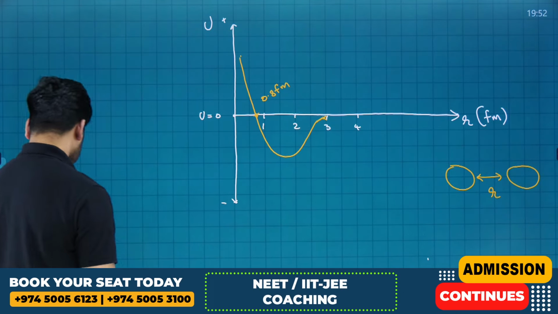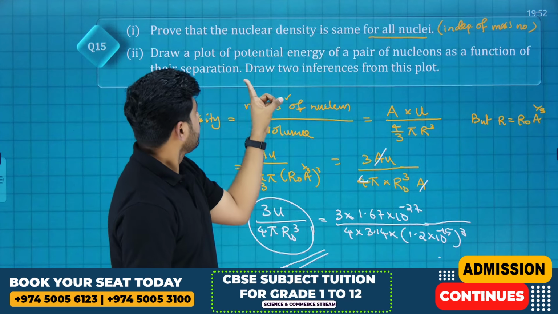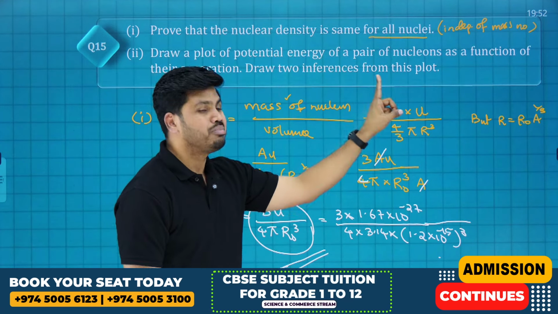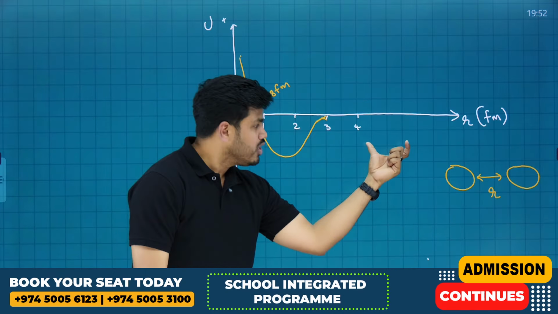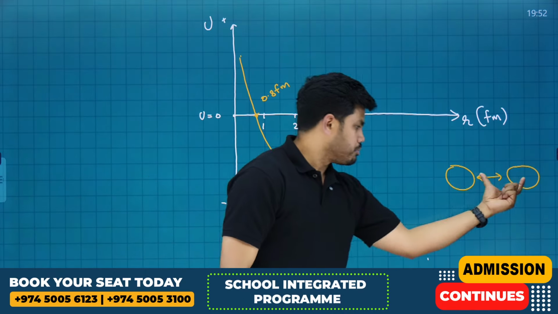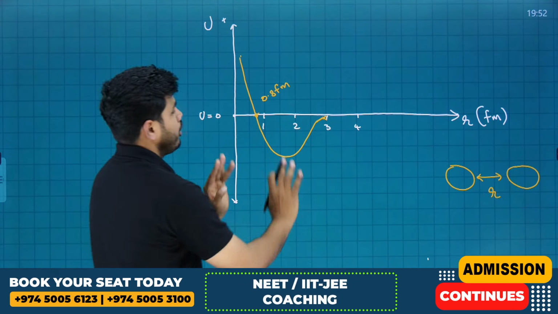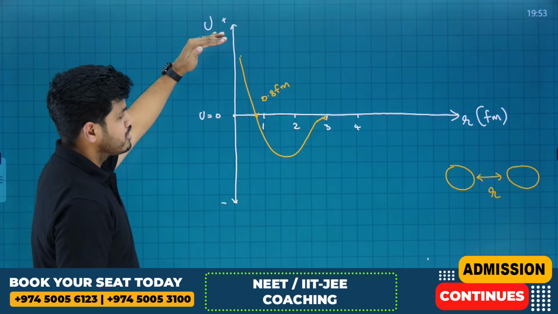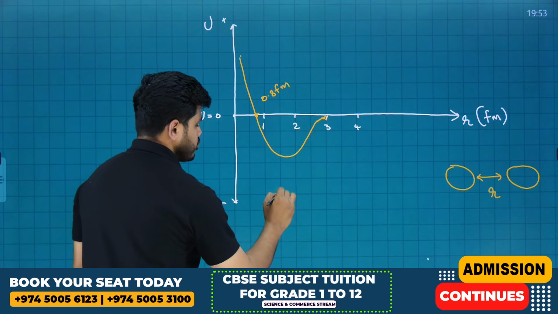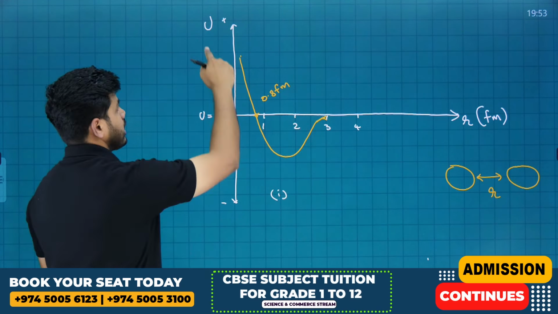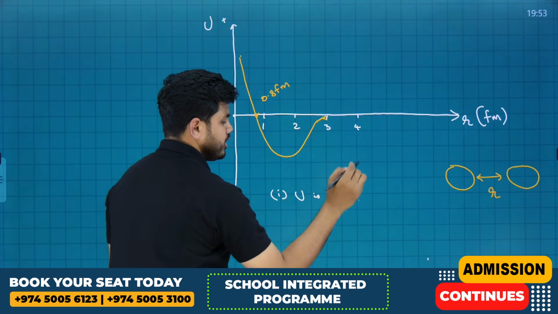That is the graph. Now look at the second part of that question: draw two inferences from this plot. By looking at this plot, we have to infer something about the properties of nuclear force or the nucleons, one or two points you have to conclude from this. So one of the points we can mention is about the potential energy. For what range?